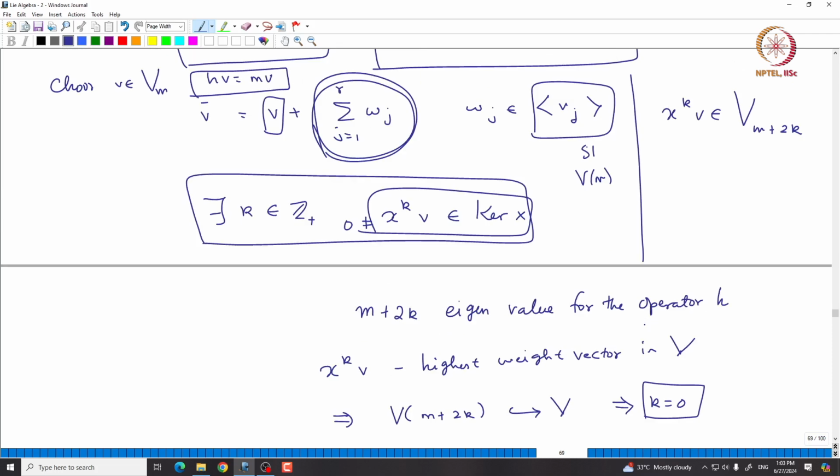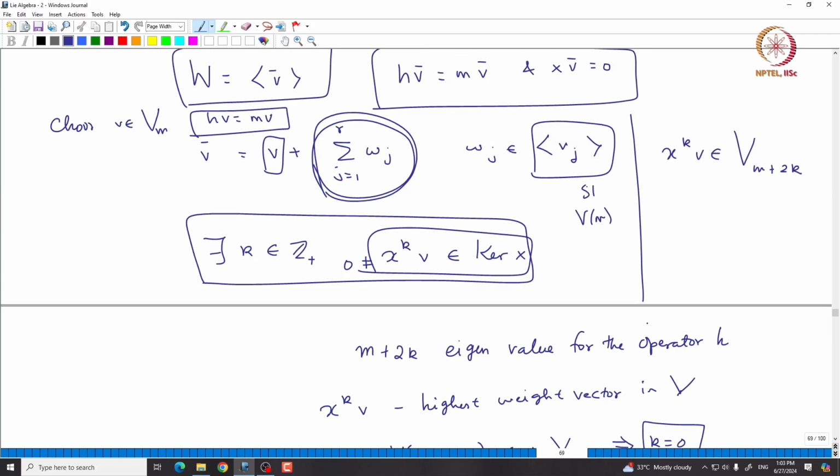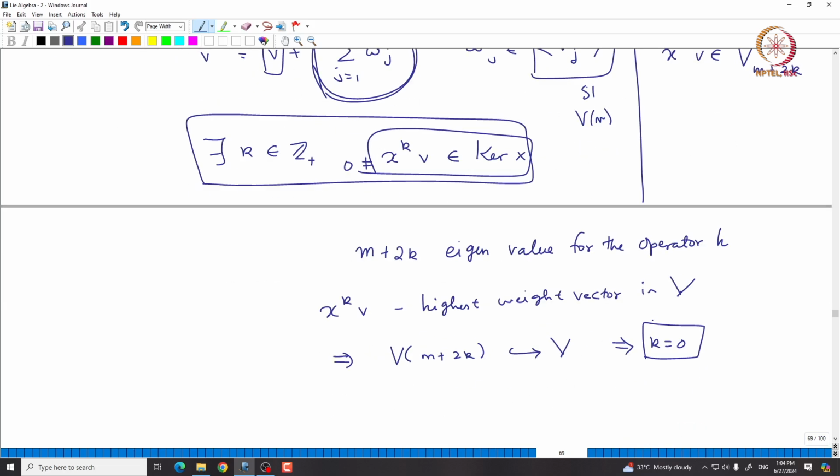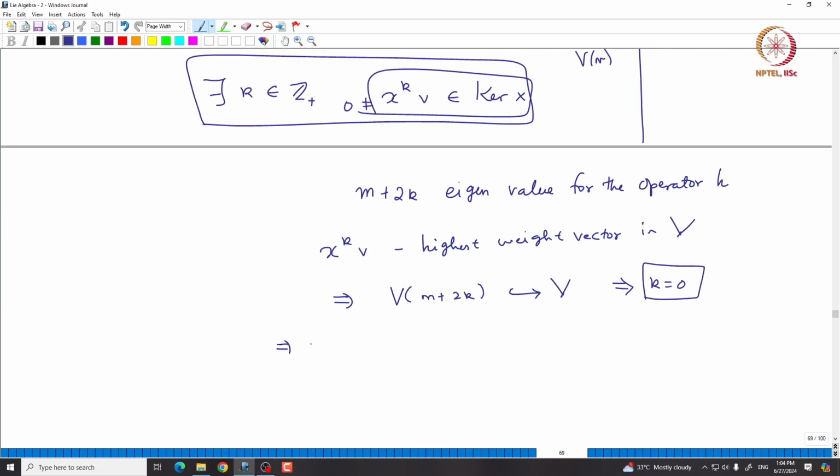Okay. Now, if k is 0, what does that mean? That means this x v is 0, so V itself is a highest weight vector of weight m.